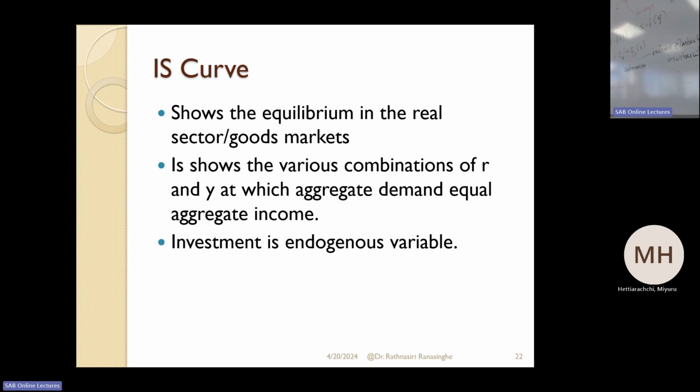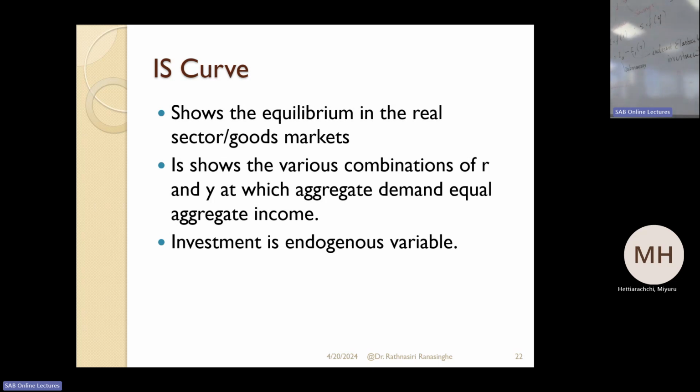It is the marginal propensity to save, MPS. From the consumption function A plus B YD, B is the marginal propensity to consume, MPC, and 1 minus B means MPS. That is the factor that determines the slope of the saving function as well. So this IS curve represents investment and savings.